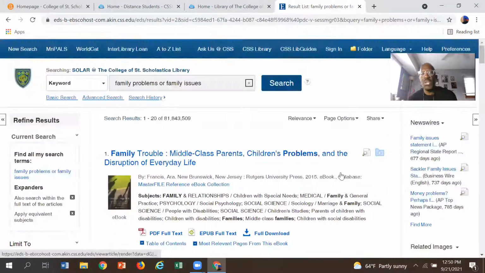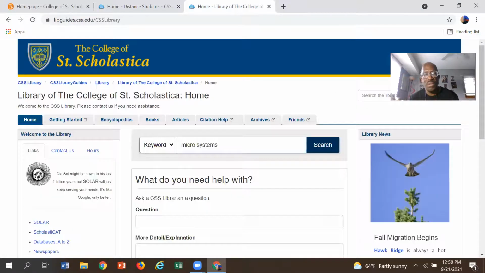This will be a really helpful tool for finding those resources on your own, because you're going to need two resources, or should I say APA cited sources, to do your paper.